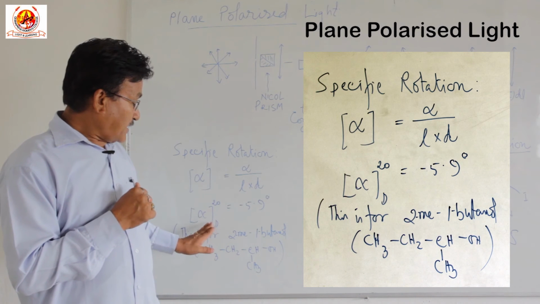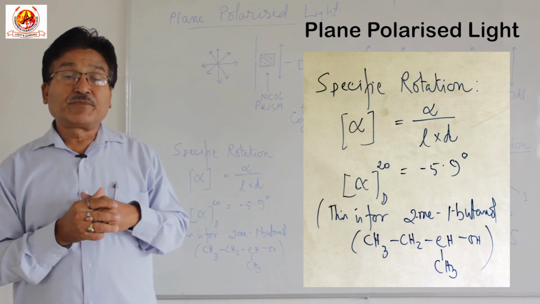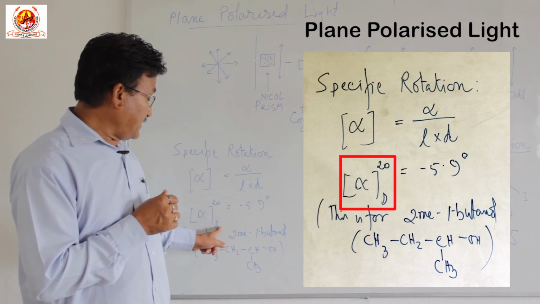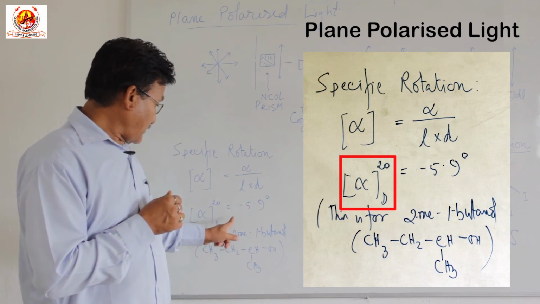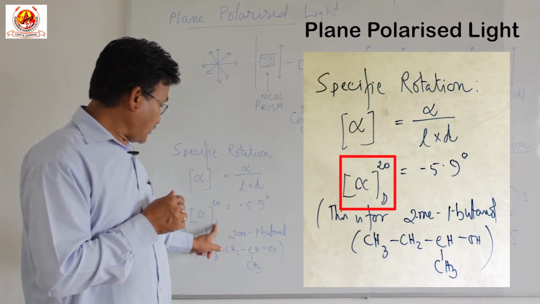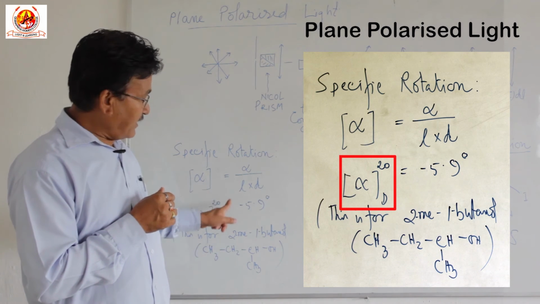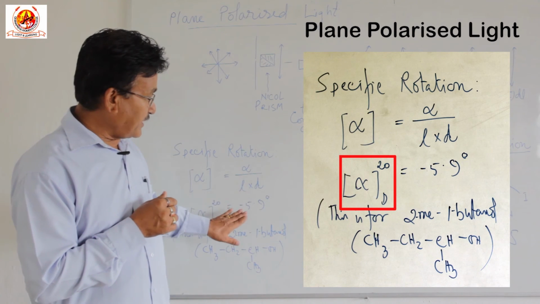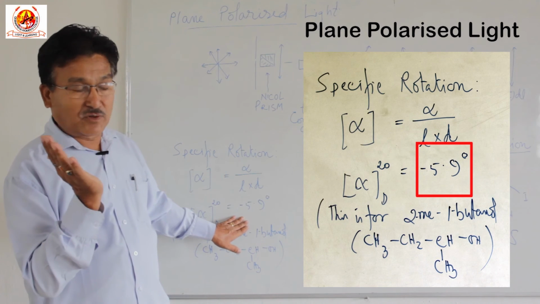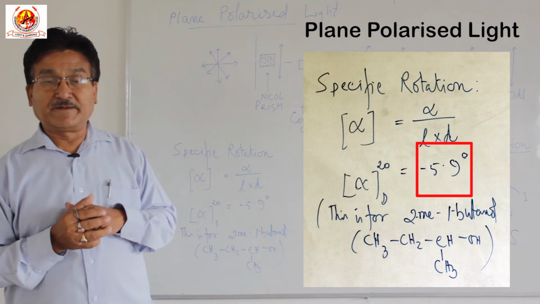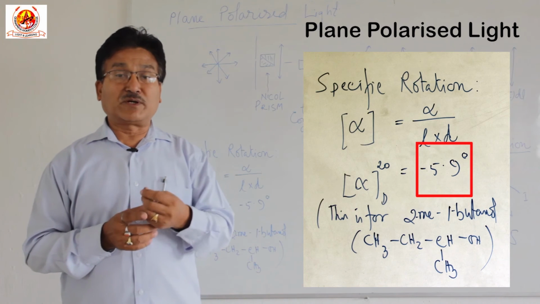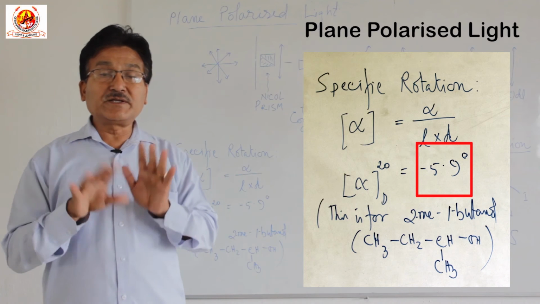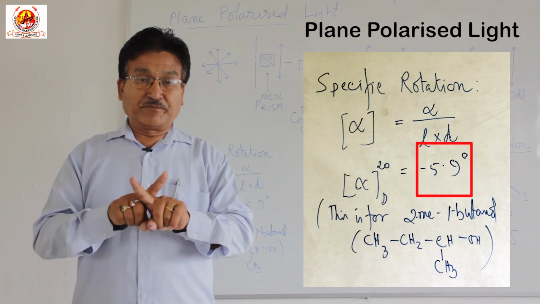This is the specific rotation of the compound. Here D means the sodium D line, and 20 means the temperature of the system. Thereby we are getting minus, that means levo 5.5 degrees only. The other enantiomer will show positive 5.9 degrees. In this case, these should be the same.